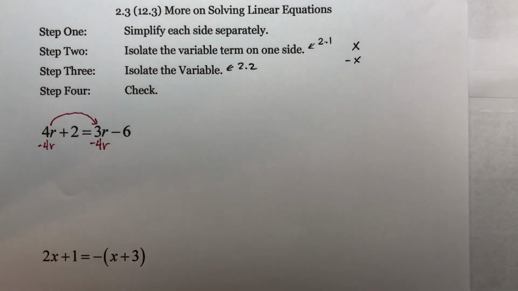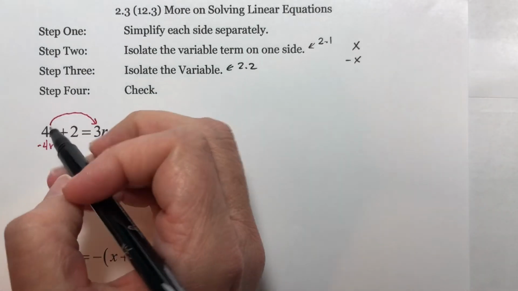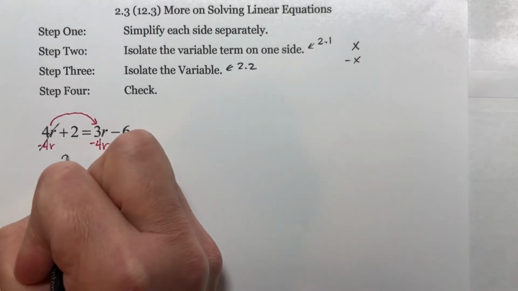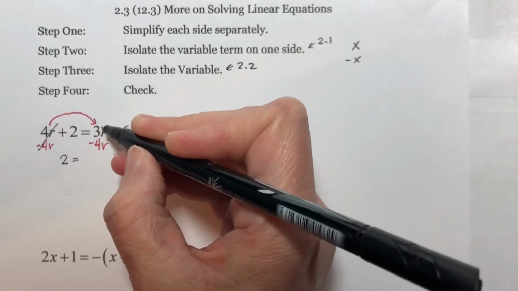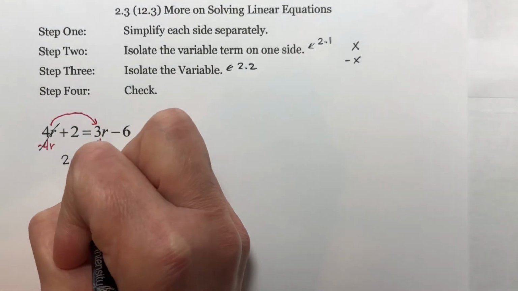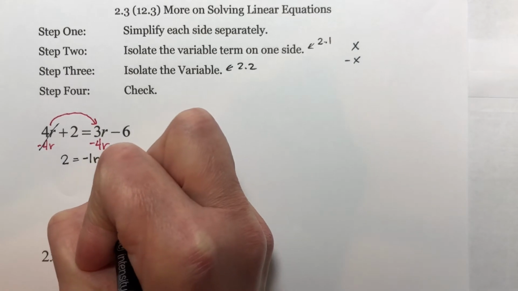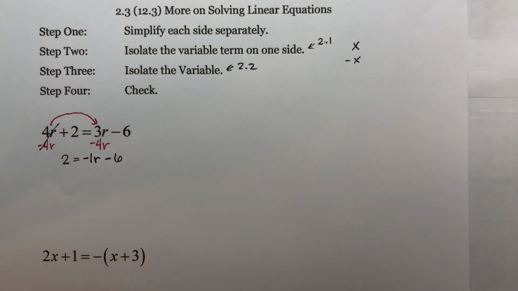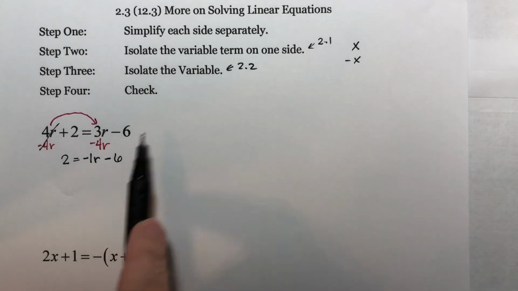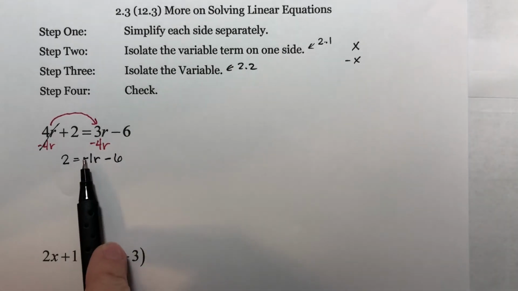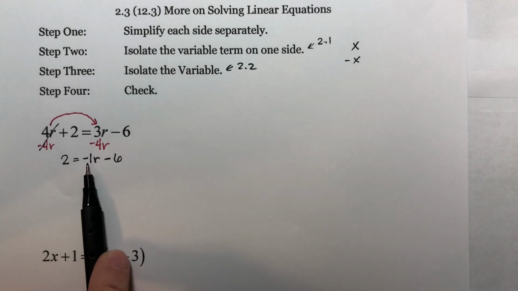Okay, so that cancels out there. I have a 2 here. 3r minus 4r, that's going to be a negative 1r, or just negative r. And I still have the minus 6. Now to get my variable term alone, that meaning term, it means we're allowed to have a number in front that's not just a 1.